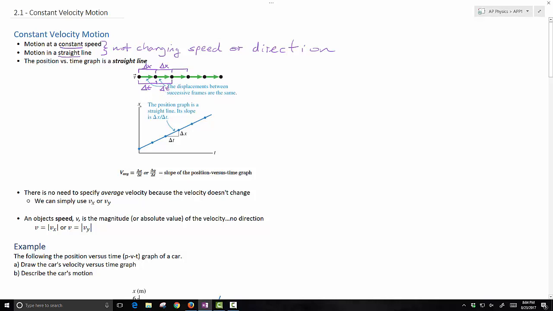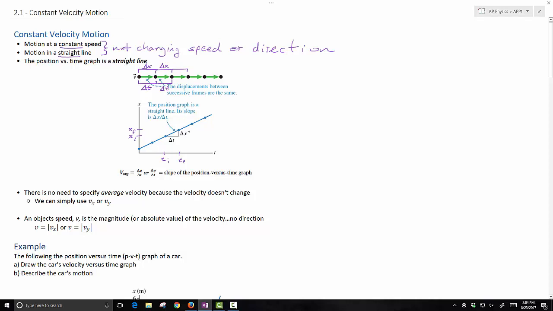And if we graph our displacement over time, we end up getting a straight line. This is time, so for instance, from this point to this point, my delta t would be from here to here. This would be from t initial to t final. And then for x, it would be your initial position and your final position, just for this little segment.